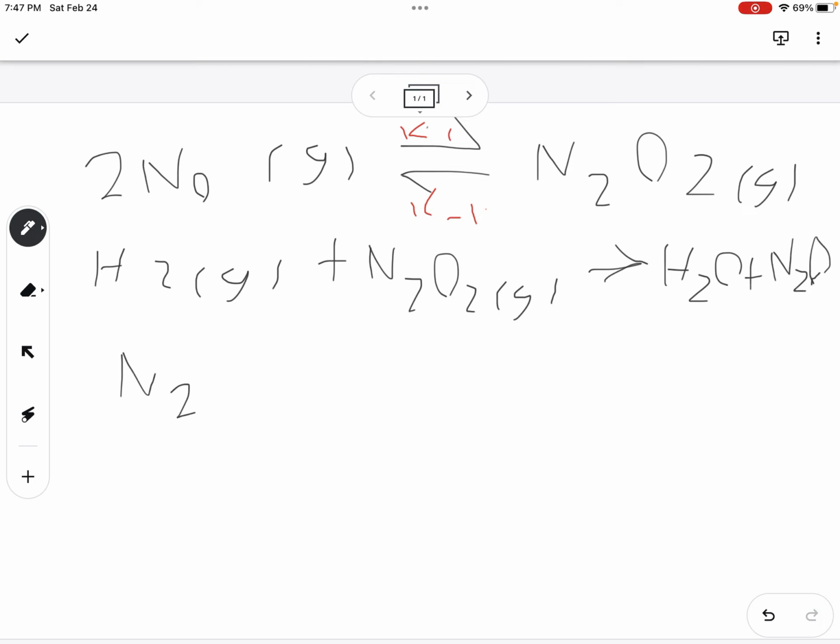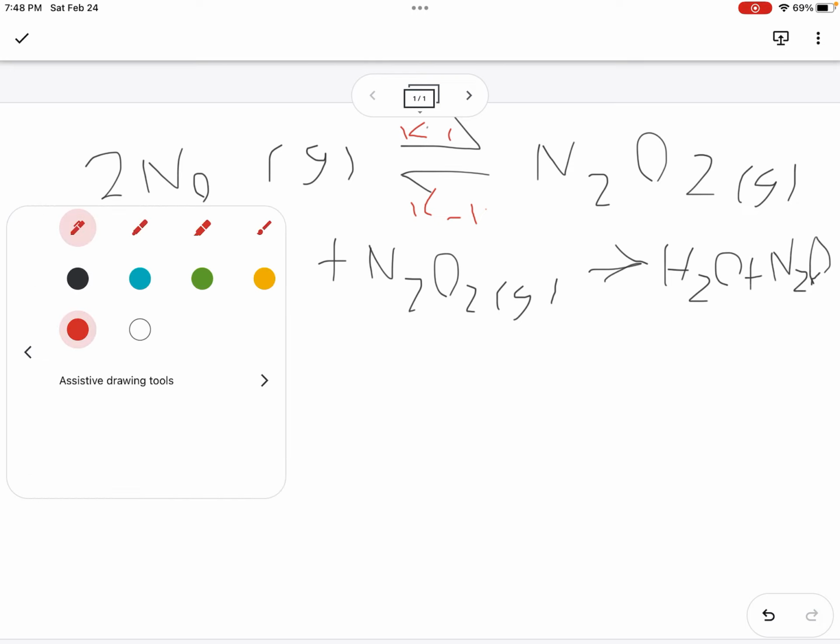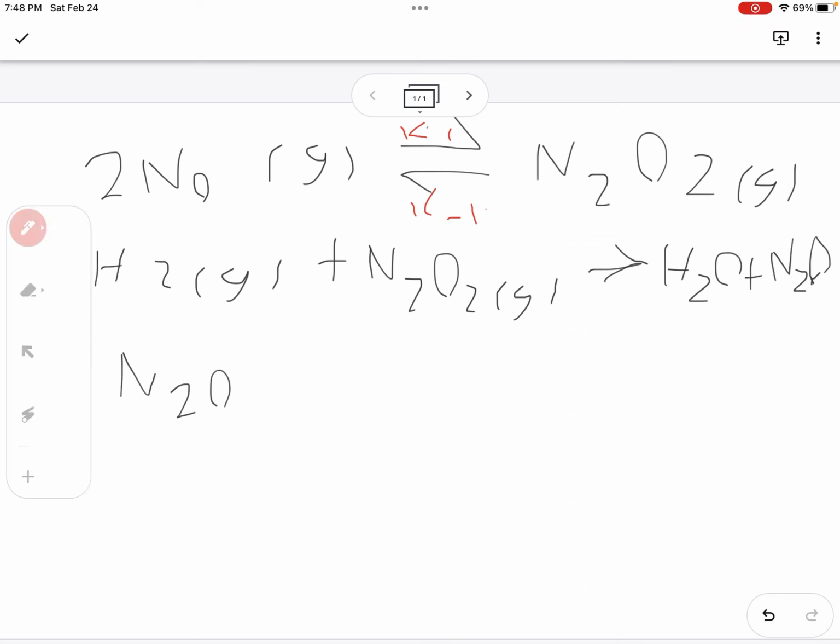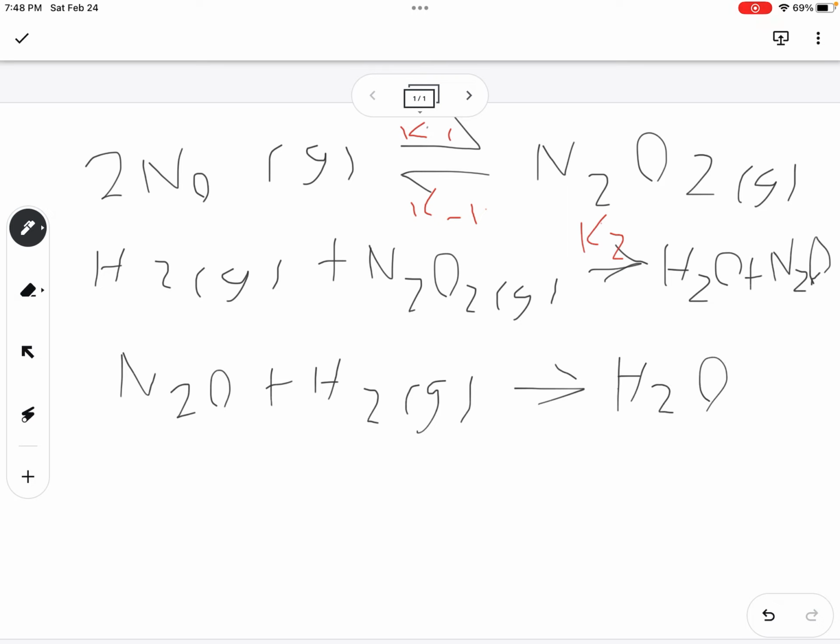Then we also have N2O. Oops, before I move forward, let's label this K2, shall we? And we have N2O gives us H2 gas. Gives H2O, excuse me.